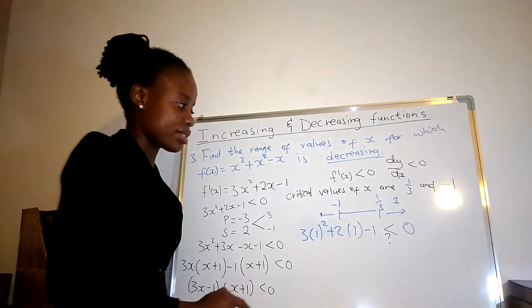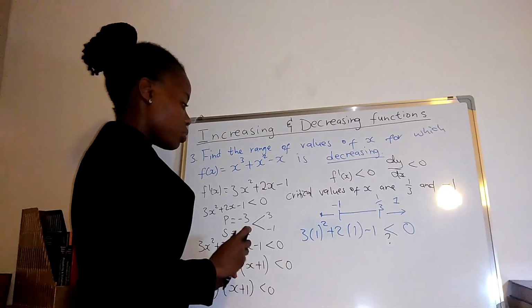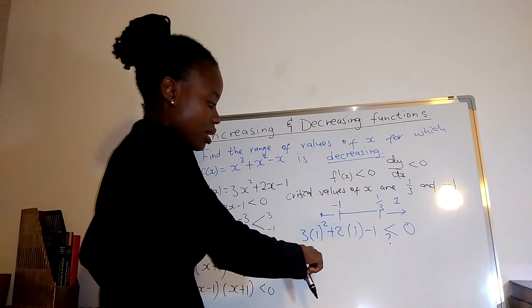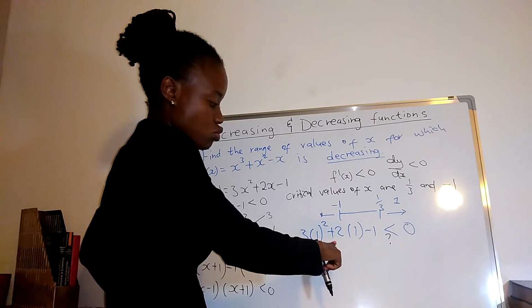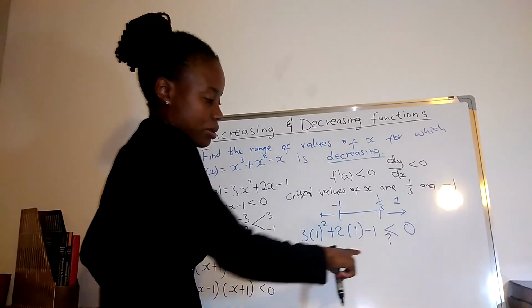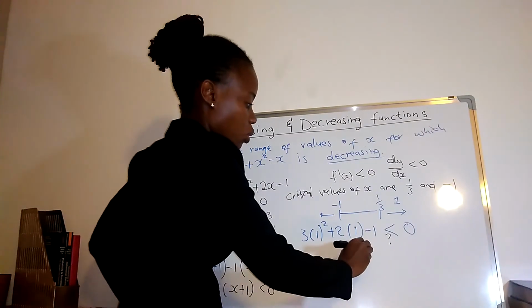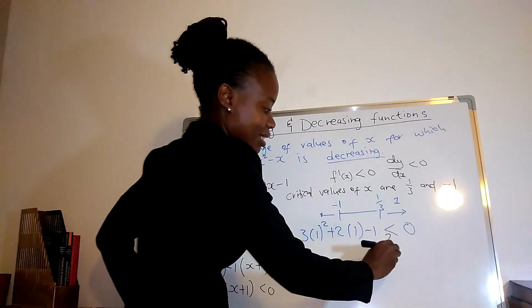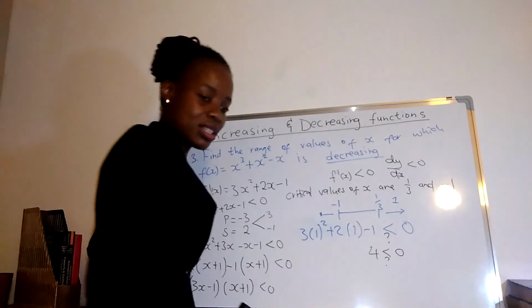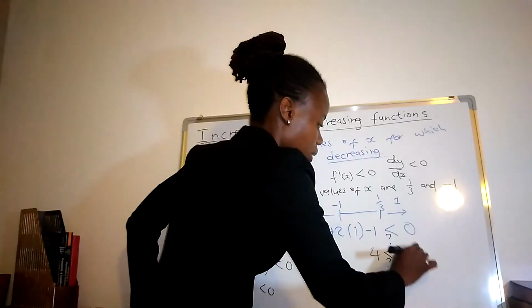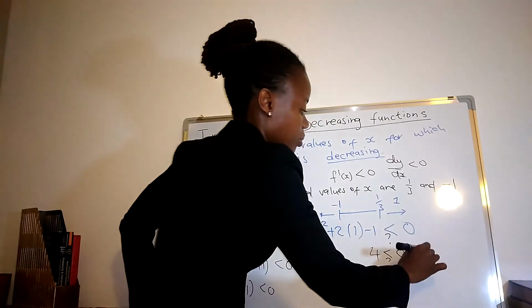So we're going to test. This is 3 plus 2, 5 minus 1. 5 minus 1 is 4. So is 4 less than 0? No, it's not.